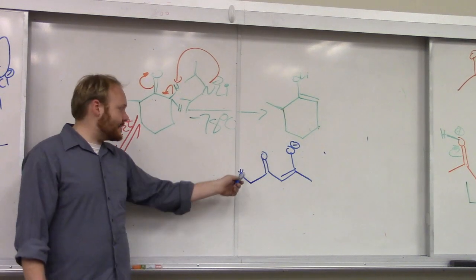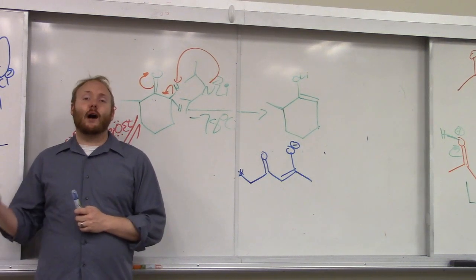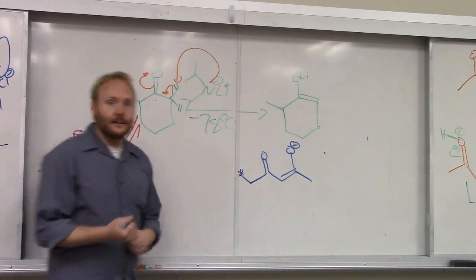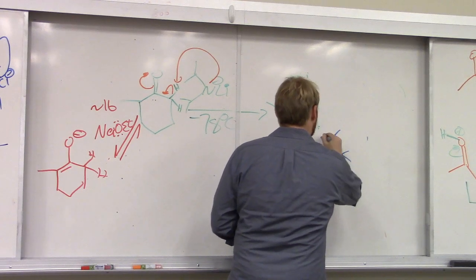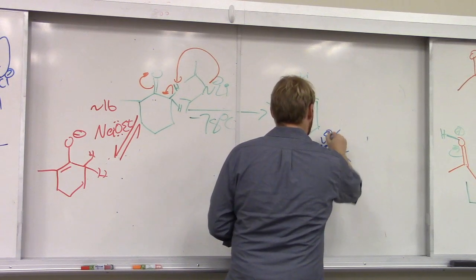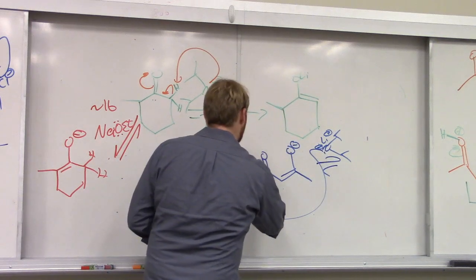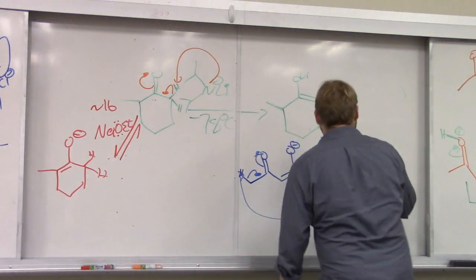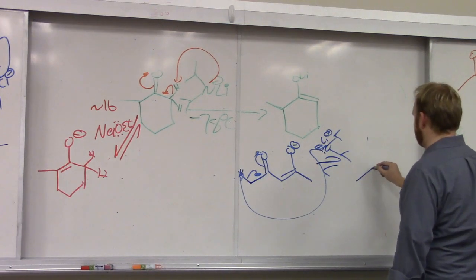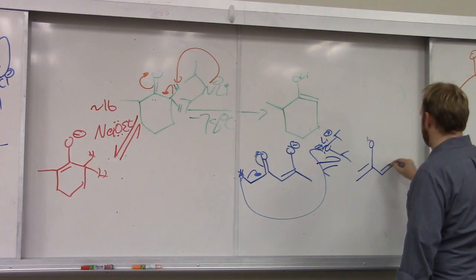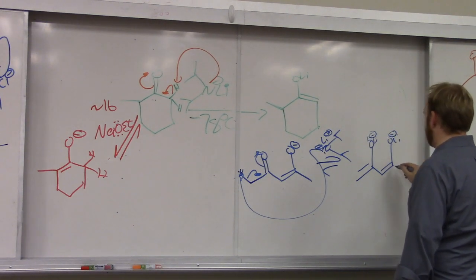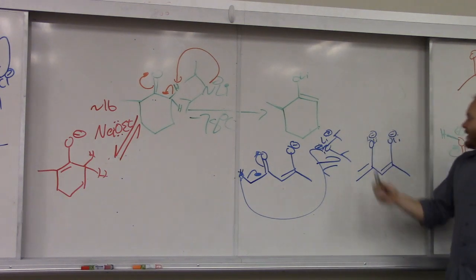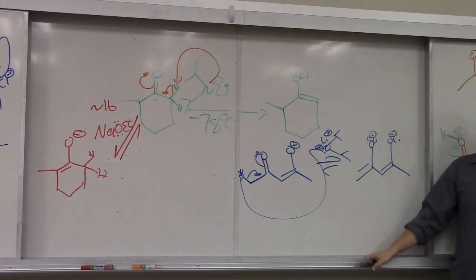But it's still acidic, and LDA is definitely strong enough of a base to take this proton. That gives us what we call a di-enolate. Like so. And so your question was which one of these double bonds is more reactive, basically?